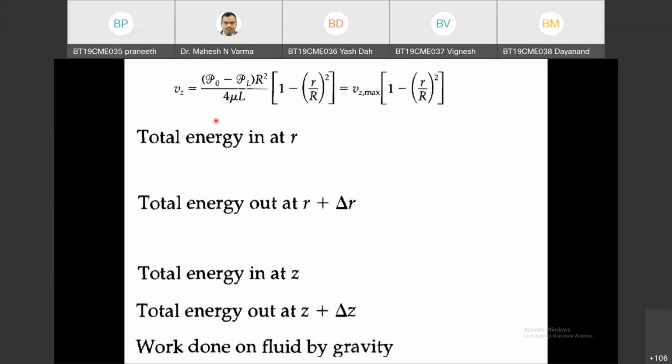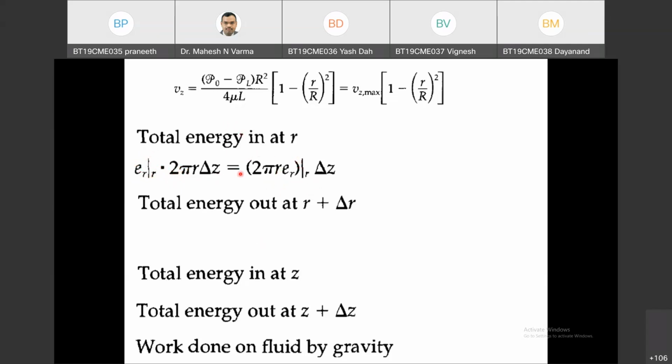Total combined energy flux into area: ER into 2 pi R delta Z. The area in the R direction is 2 pi R into delta Z, and that is evaluated at R. So this is the combined energy flux perpendicular to the surface, in the R direction, and this is the surface area evaluated at R.